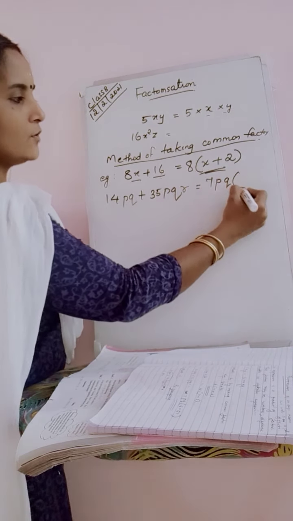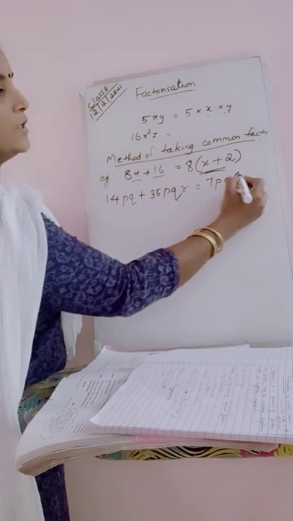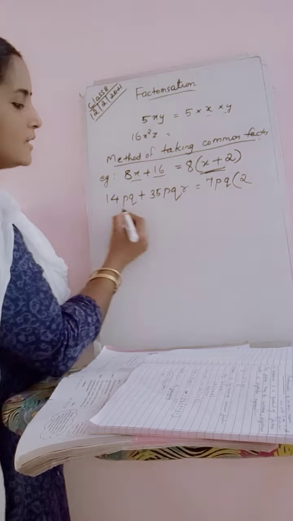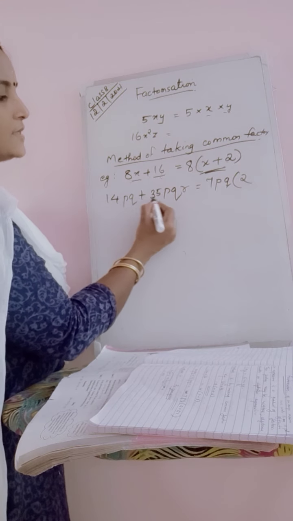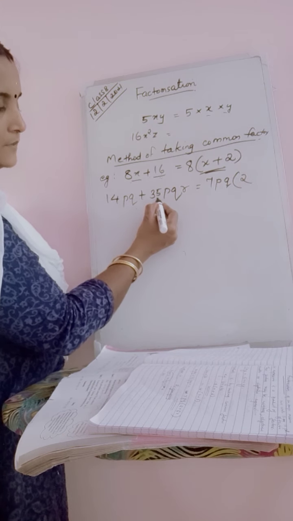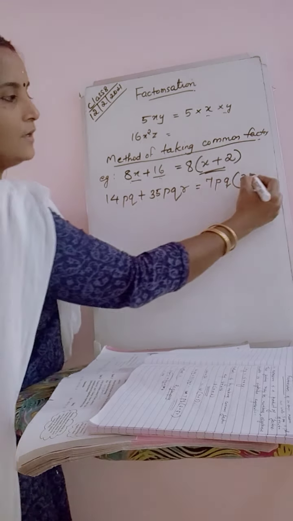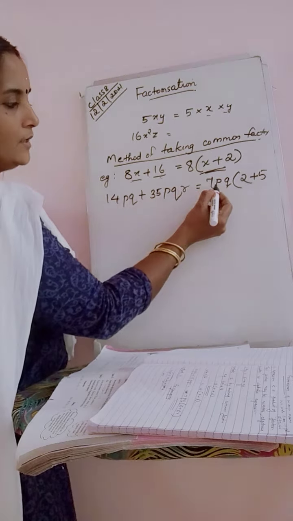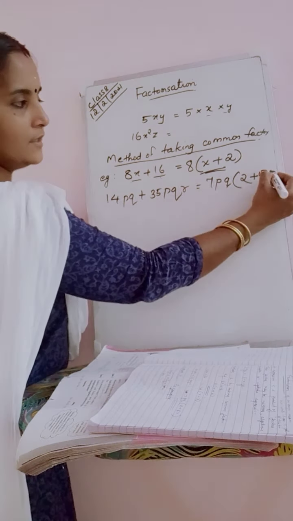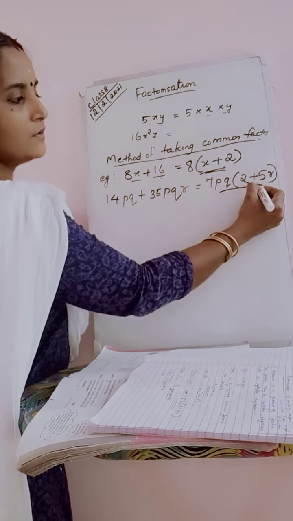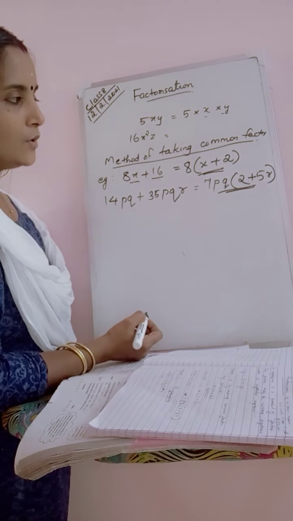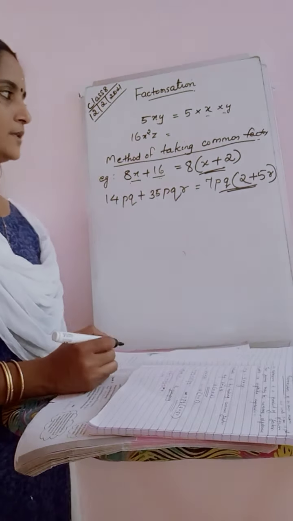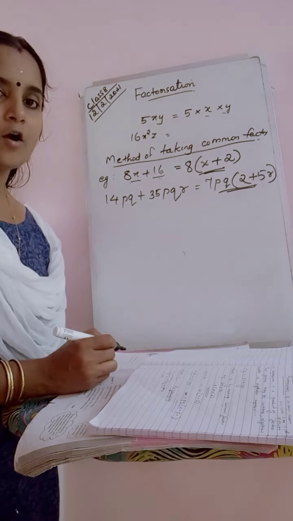So 7pq take outside, you get 2 remains from the first term, because 7pq into 2 gives 14pq, plus if you take 7 from 35, then remains 5, because we know that 7 fives are 35. Then pq take outside, then remains r. So we get 7pq into 2 plus 5r. This is the first method, that is method of taking common factor.